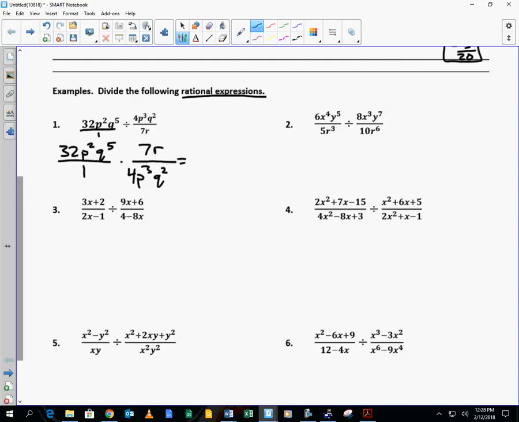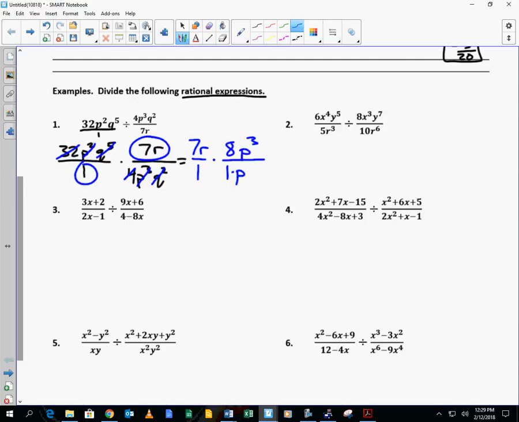Looks like the 7r and the 1, those don't reduce at all. So I just have that 7r over 1. But 32/4 reduces to 8/1. P squared over p cubed, that's a p in the denominator. And q to the 5th over q squared, that reduces to q to the 3rd in the top.